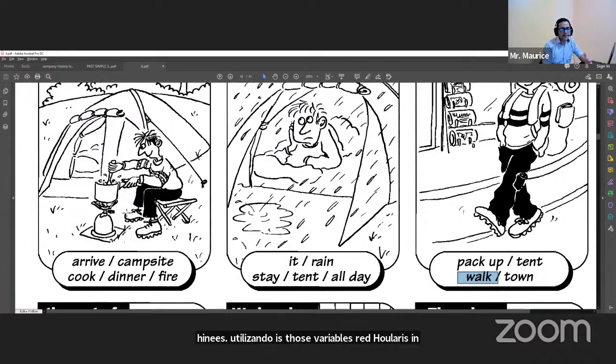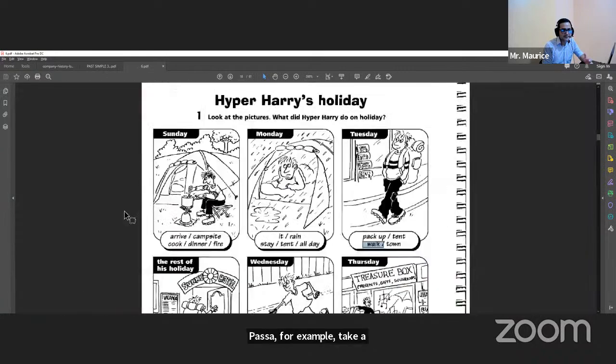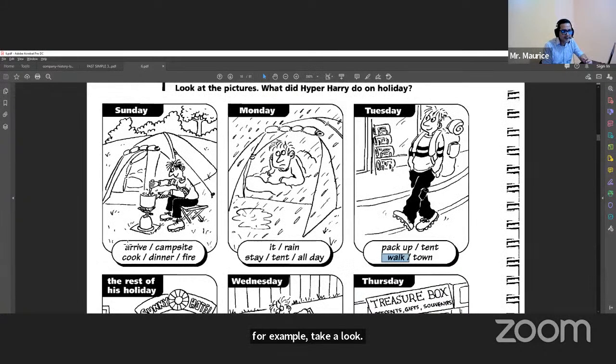For example, take a look. In the picture number 1, I would say Harry arrived at the campsite. That is one sentence. Harry arrived at the campsite.